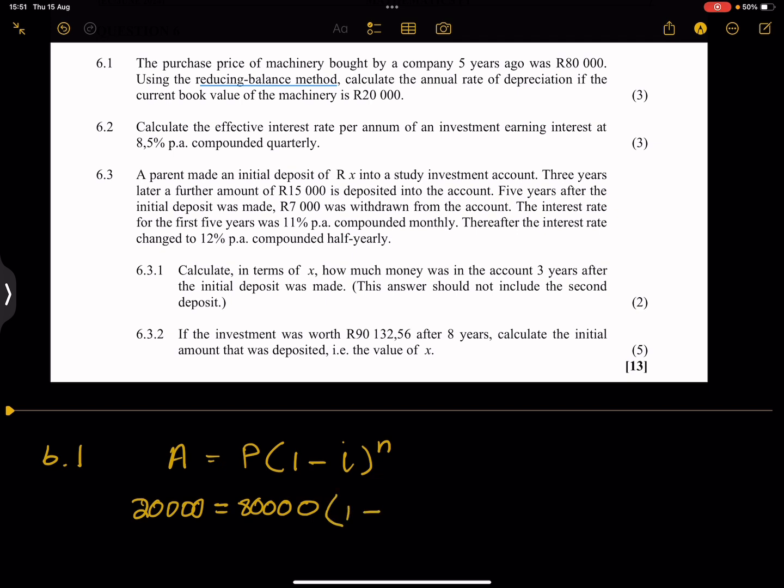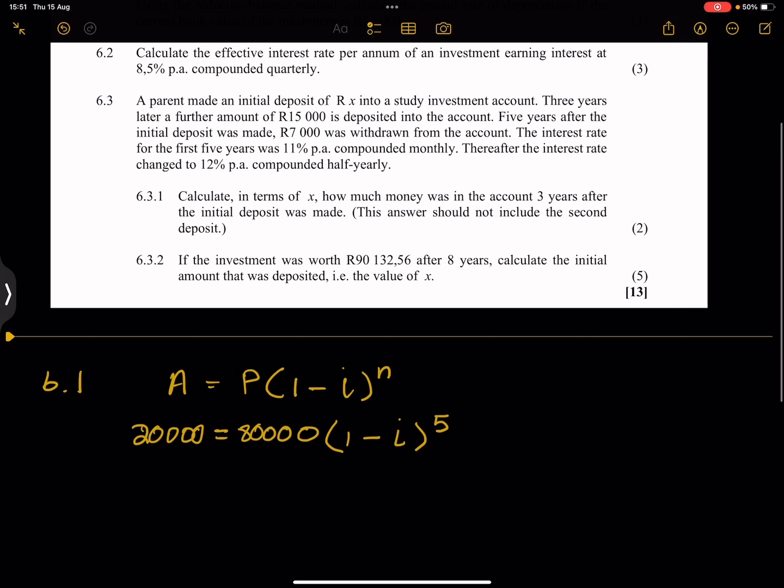They want us to calculate, in this case, the annual rate of depreciation. So we are looking for the value of i. Right, and please, I want you to note in this case that this is to the exponent n. So for depreciation, because we are using an annual rate, in this case, that would mean that that would be 5, right?